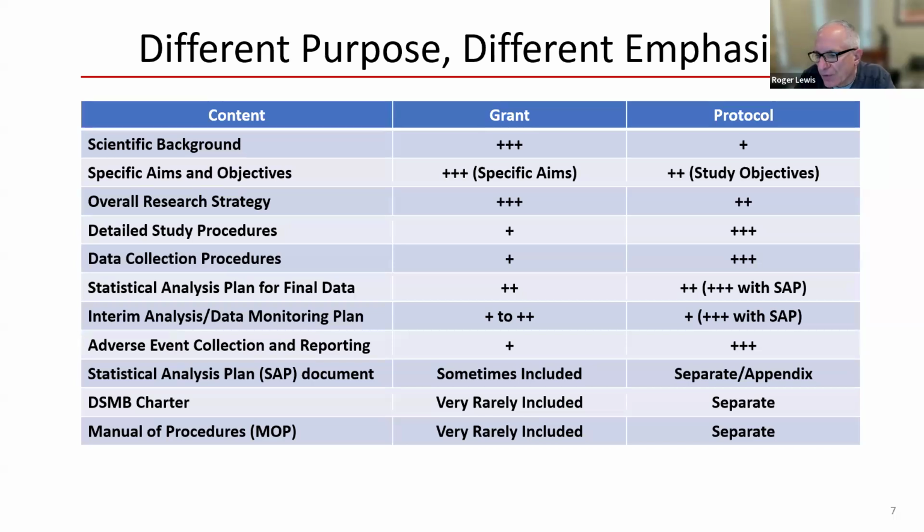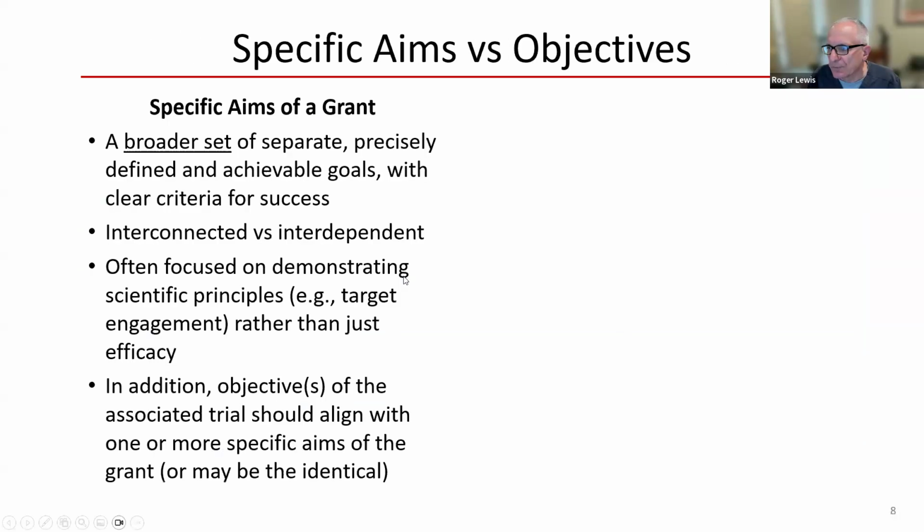For the protocol, the SAP, the DSMB charter, and the manual of procedures are separate documents or they're appendices, but they all are part of the trial master file, so they're all considered part of the total corpus, if you will, of documents that govern the conduct of the trial.